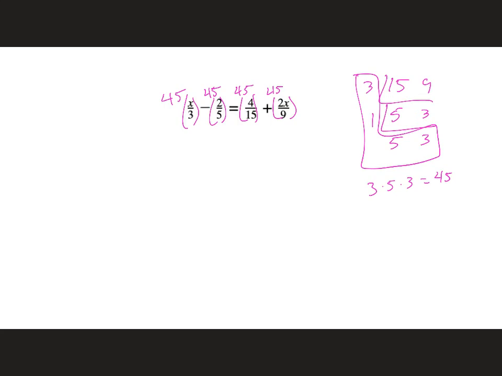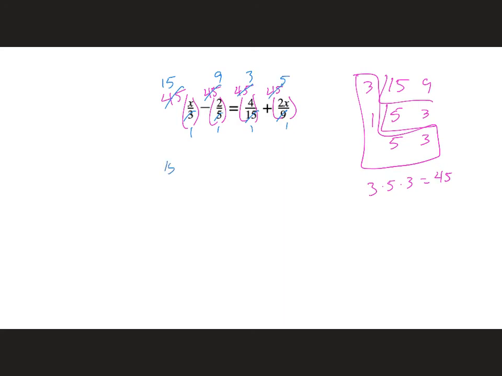So then, divide by my denominator. 3 divided by 3 is 1. 45 divided by 3 is 15. 5 divided by 5 is 1. 45 divided by 5 is 9. 15 divided by 15 is 1. 45 divided by 15 is 3. 9 divided by 9 is 1. 45 divided by 9 is 5.